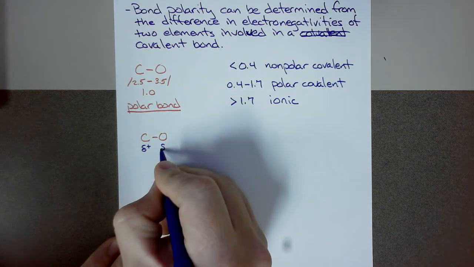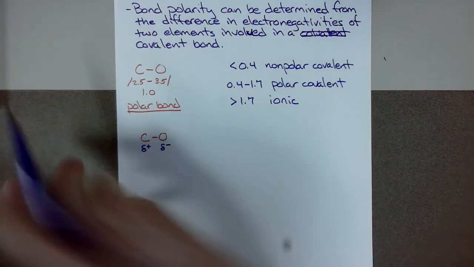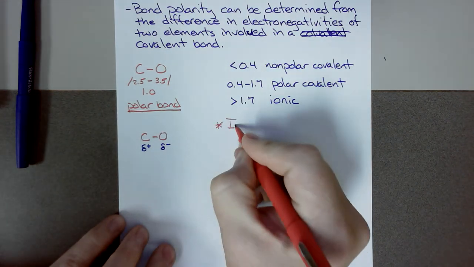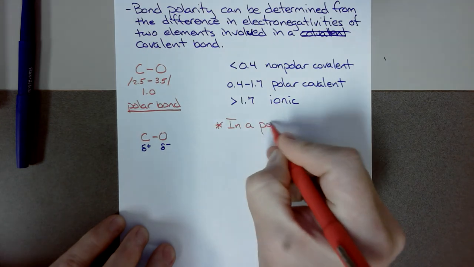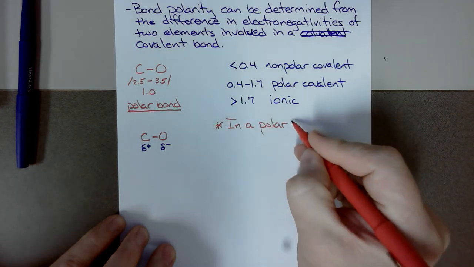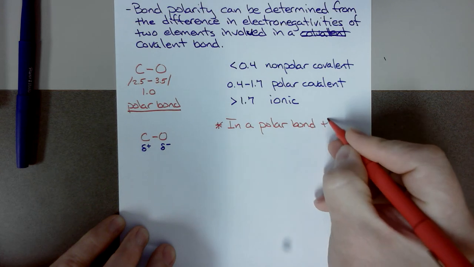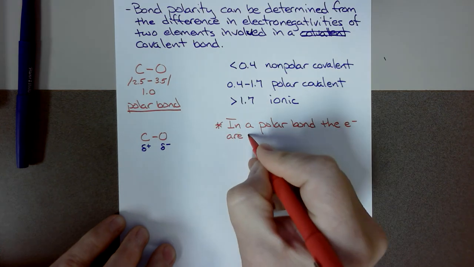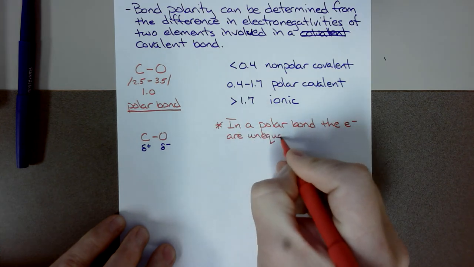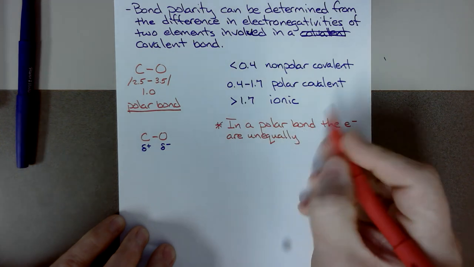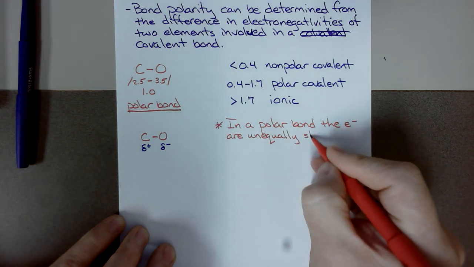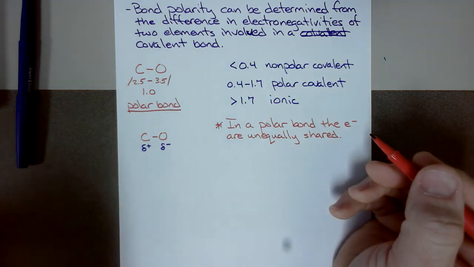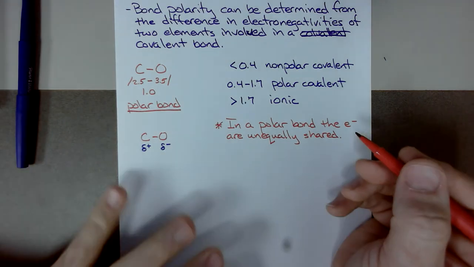It's going to be a partial negative charge. Again, in a polar bond, the electrons are unequally shared, with higher electronegativity values having a greater share of the electrons.